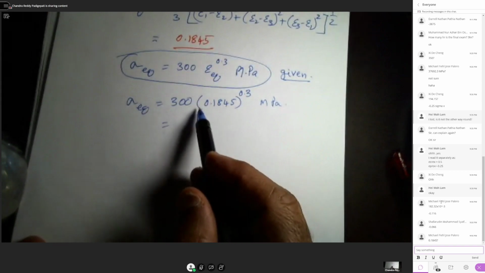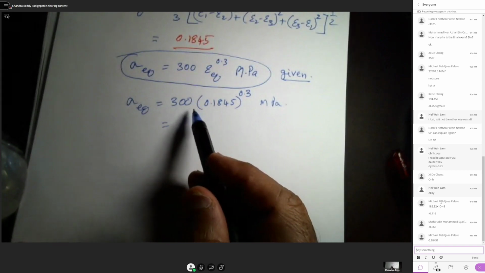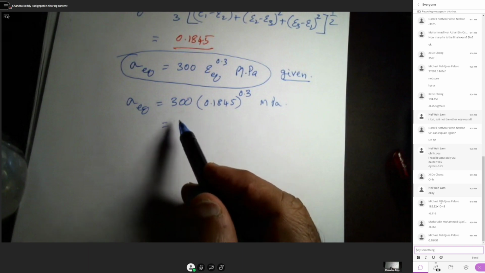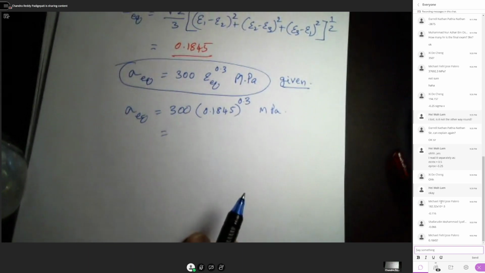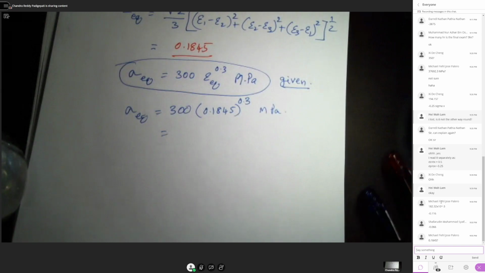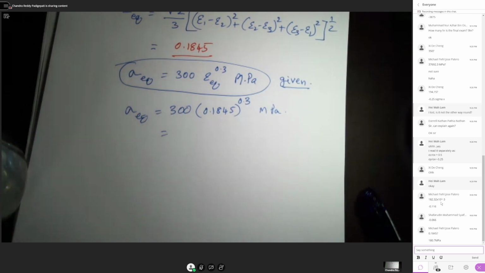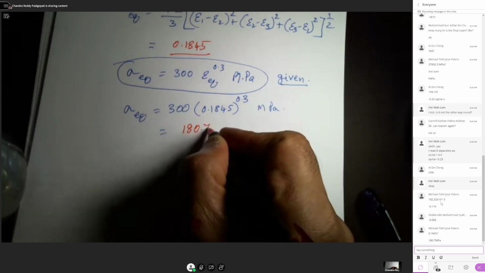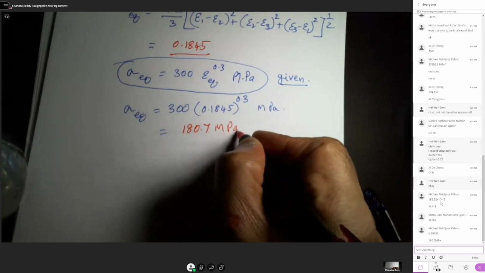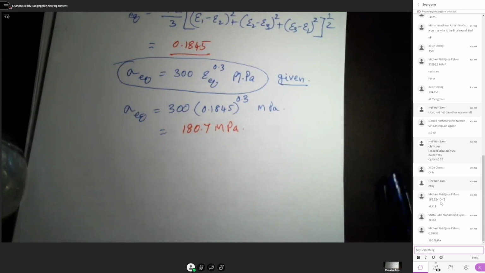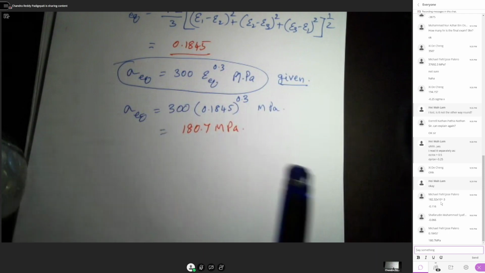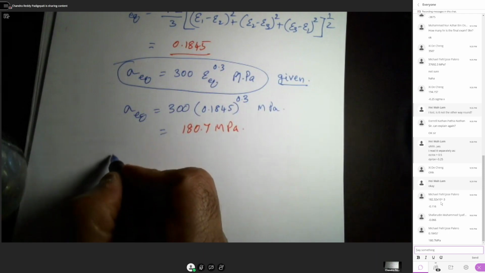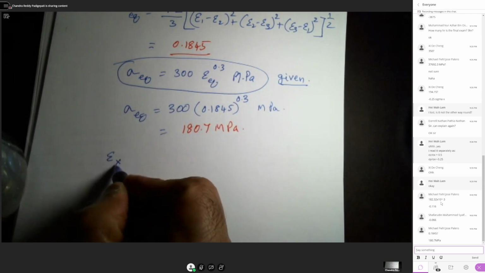Any answer for the equivalent stress? That's correct, Michael. So we can write 180.7 megapascal. Once we know equivalent stress and equivalent strain, then we can use the stress strain relationship.